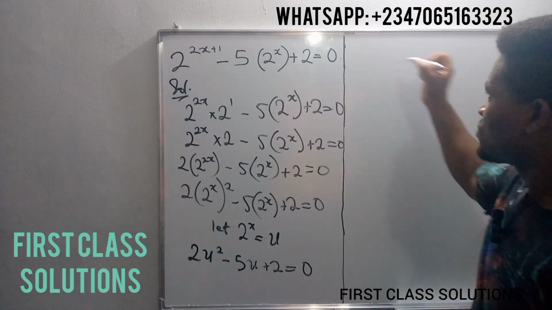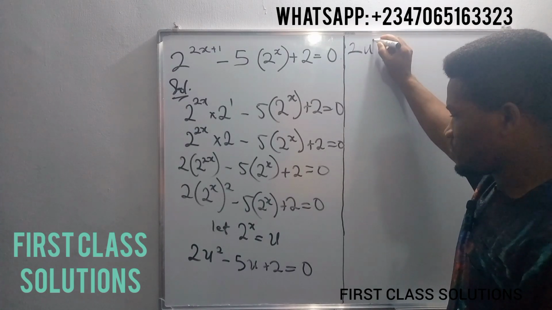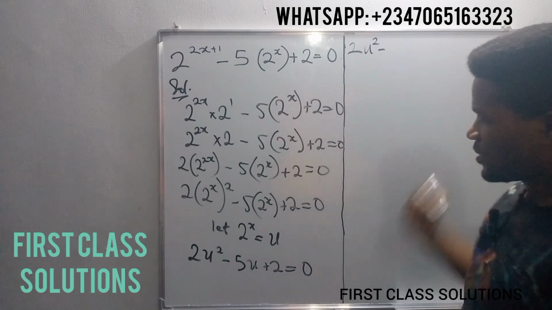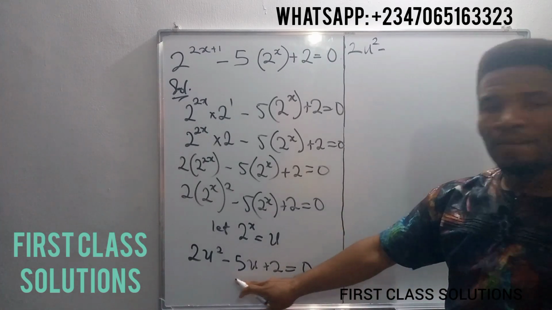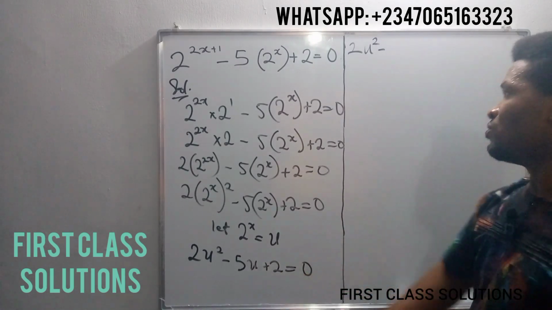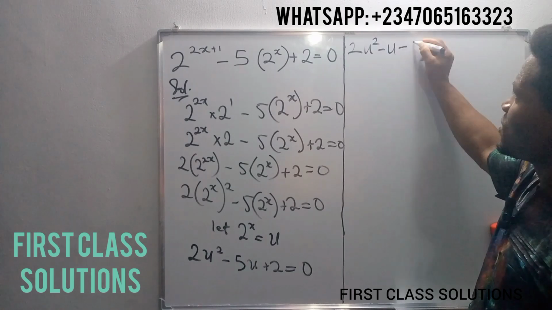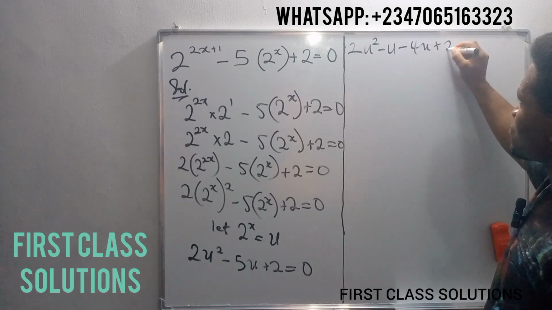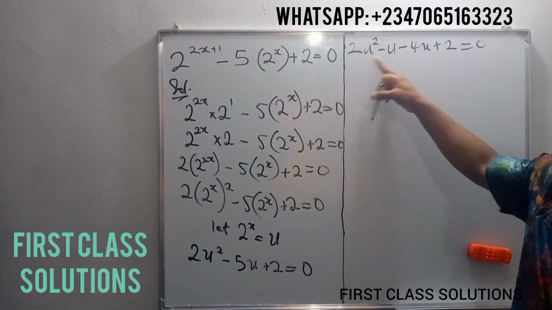So going further, we have 2u squared minus, remember, minus 1u minus 4u will give us minus 5u. So instead of having minus 1u, you just say minus u minus 4u plus 2 equals 0. Now we look for the common factor between 2u squared and u.